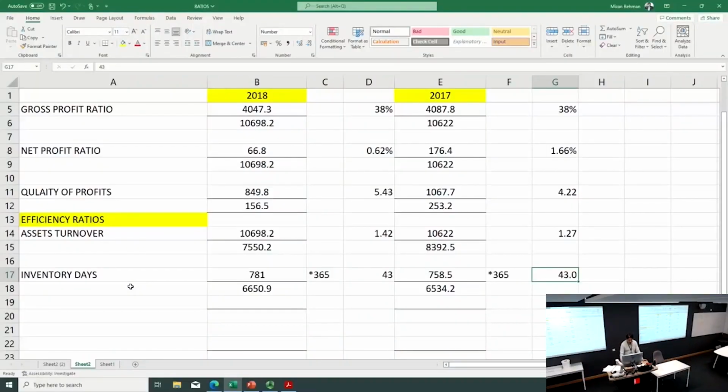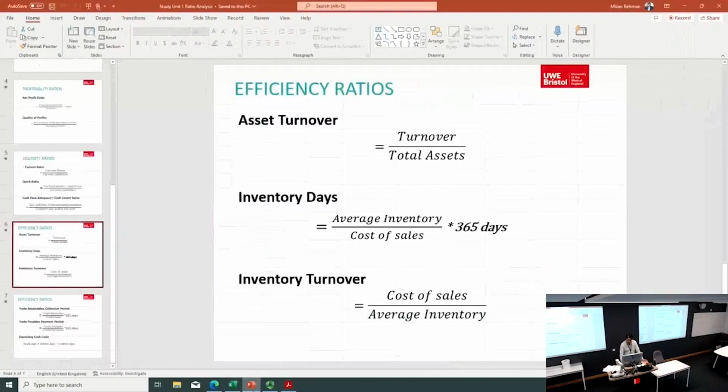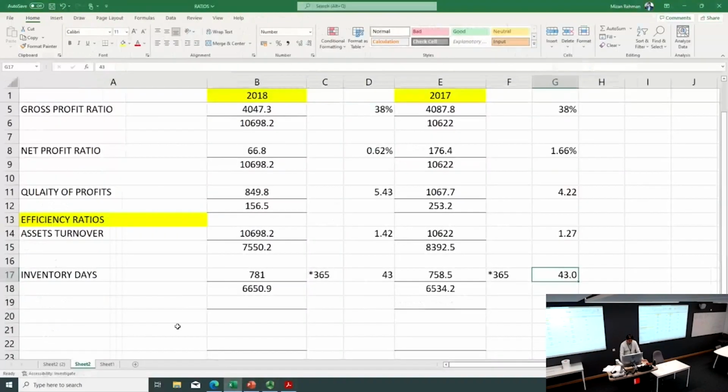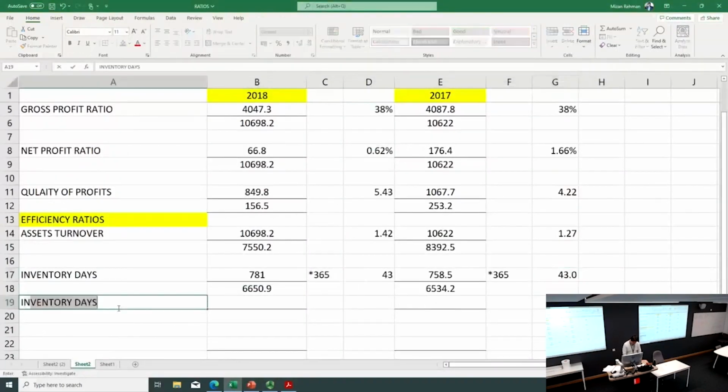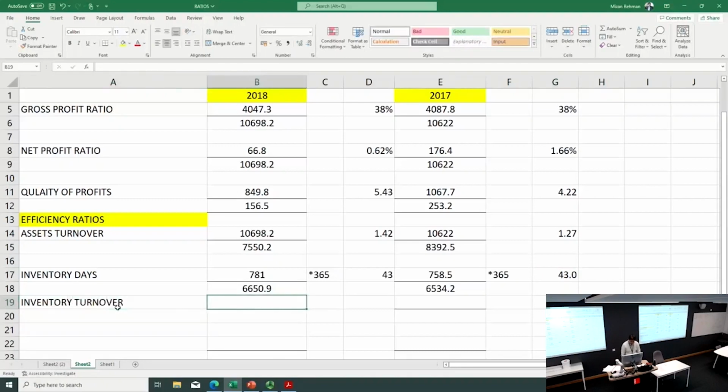The next ratio tells us pretty much the same information in different ways. Inventory turnover. You can see that it uses the same figures, only in inverse way. So inventory turnover, which is cost of sales divided by inventory.